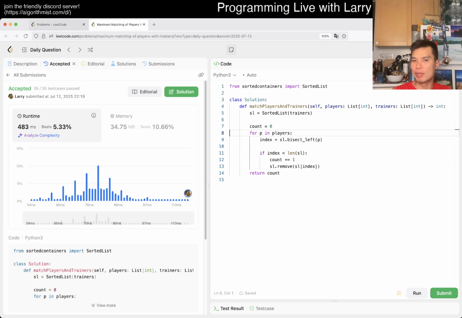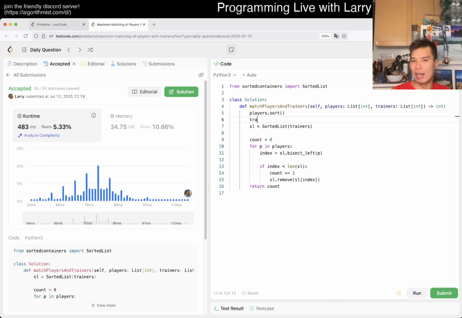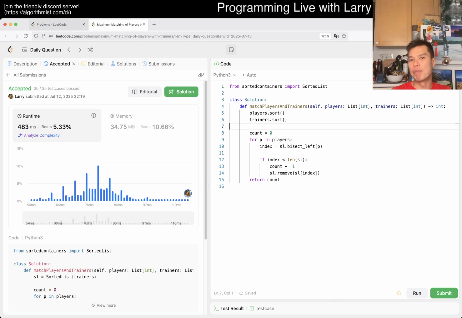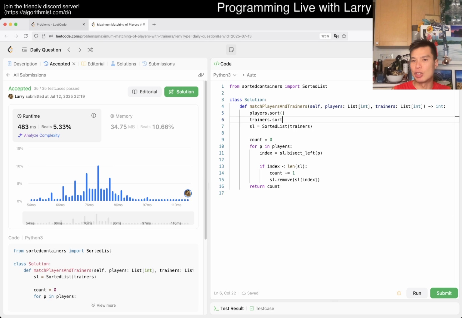But if you sort both of them, as we did, then we can just do the 2 pointers algorithm, right? Because if players is already sorted, let me step back a second. The reason why we don't need to sort P is because, as we said, we process trainers and then we just get the smallest one next to it, and it works, right? But if we do sort it, then we can do the 2 pointers.